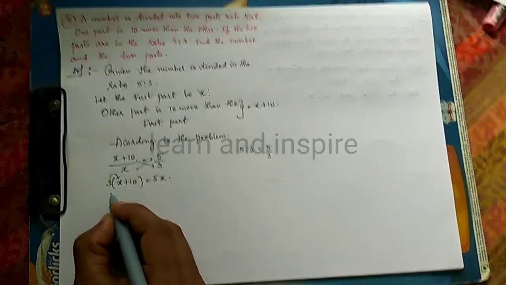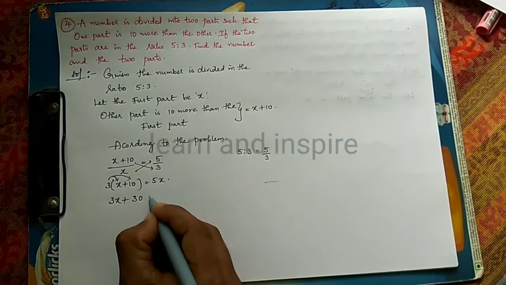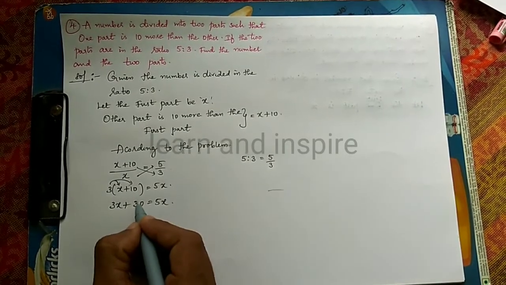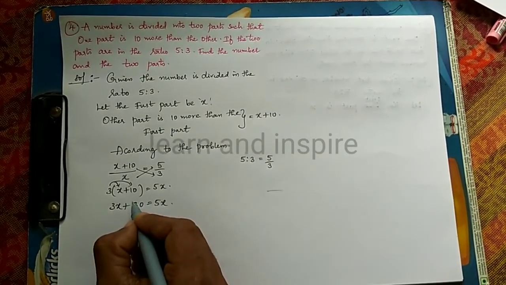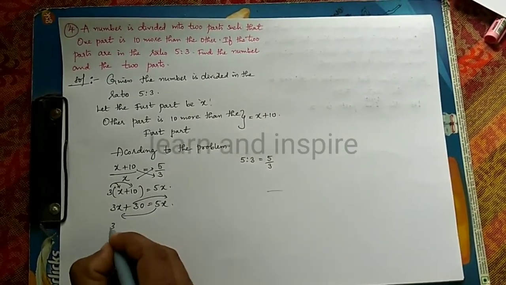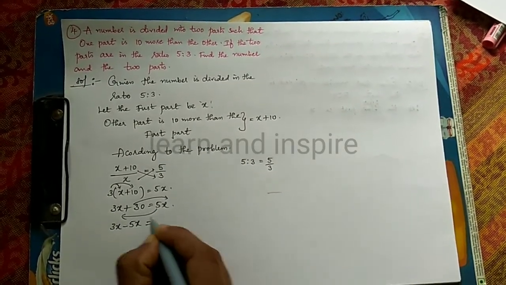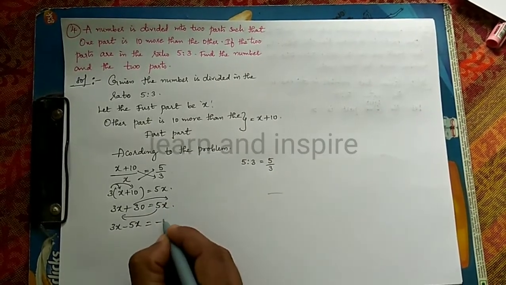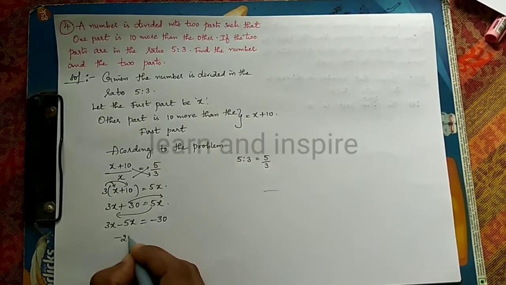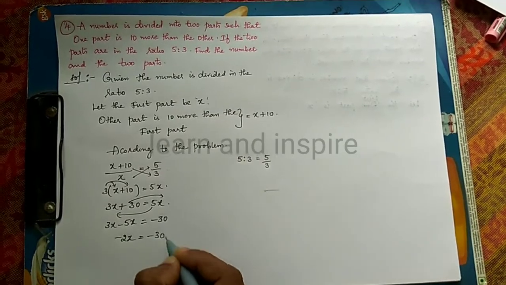Again we multiply: 3 into x is 3x, plus 3 into 10 is 30, equals 5x. Now transpose the constants to the right side and the variables to the left side. 3x as it is, and if I transpose plus 5x it becomes minus 5x, which equals, if I transpose plus 30 it becomes minus 30. 3x minus 5x is how much? Minus 2x, which is equal to minus 30.